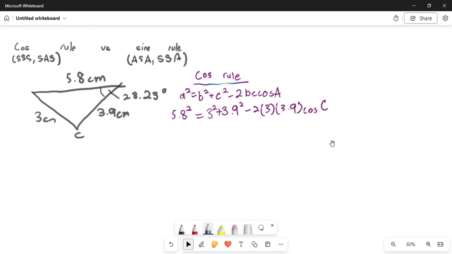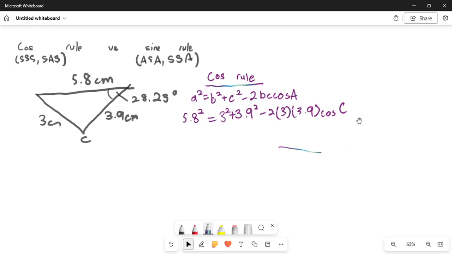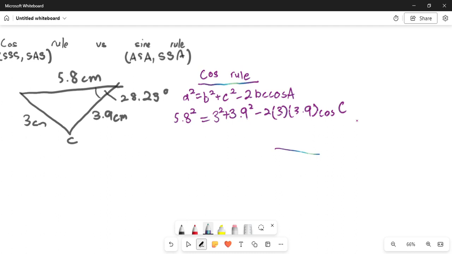So you simplify. When you simplify, you will get 5.8 squared minus 3 squared minus 3.9 squared. So this you will get negative 9.43 is equal to 2 times 3 times 3.9, that is 23.4, the cosine of C. So cos C is equal to negative 9.43 over 23.4.